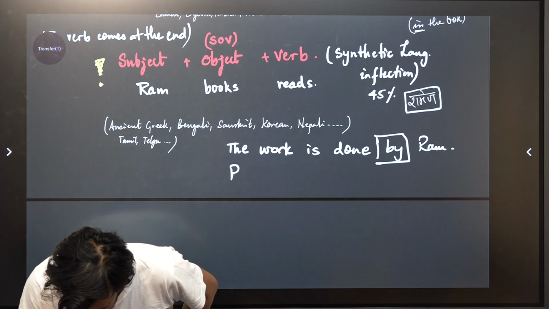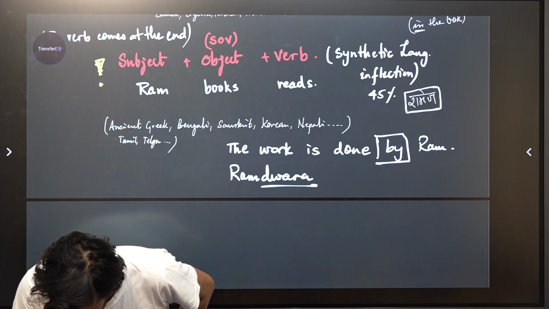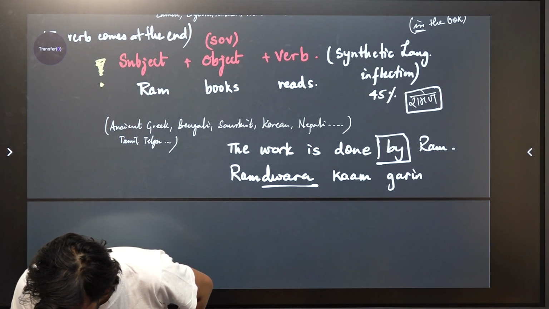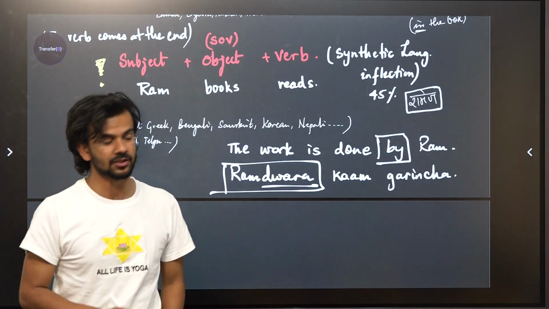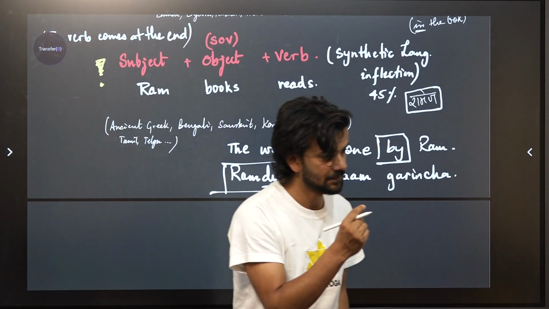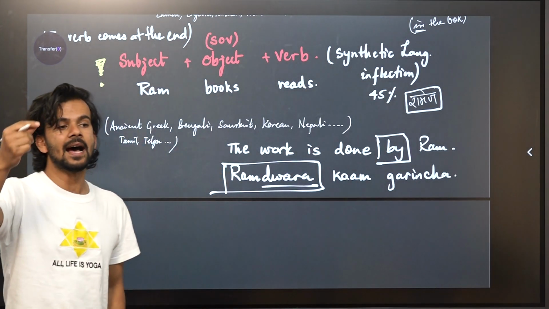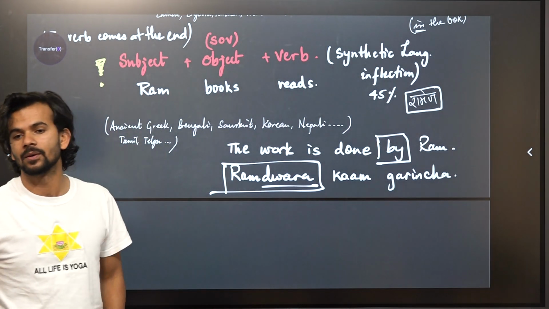Ram Dwara. Okay, I'm writing in English. Ram Dwara Kam Garincha अथवा whatever it. So Ram Dwara, it's one word, right? Inflection. That's Bata is an inflection. Ram Dwara, Ram Le, Ram Bata, Ram Sanga, Ram Bhitra, Adi Ityadi sabai ke ho?